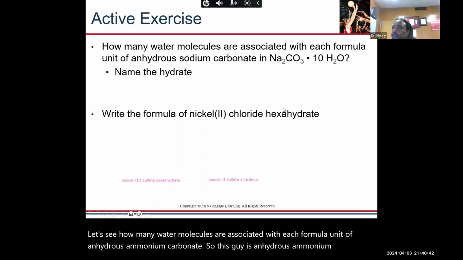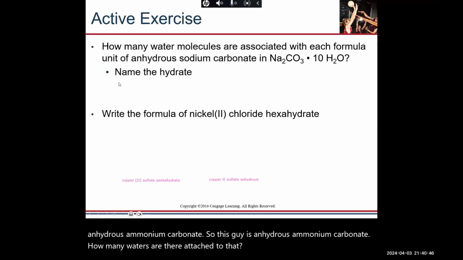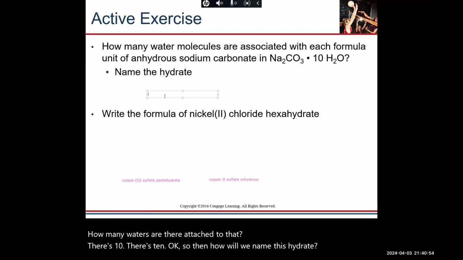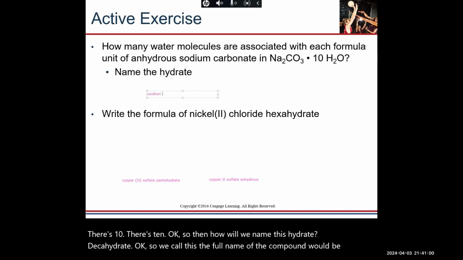How many waters are there attached to that? There's 10. Okay, so then how will we name this hydrate? Decahydrate. So the full name of the compound would be sodium carbonate decahydrate.